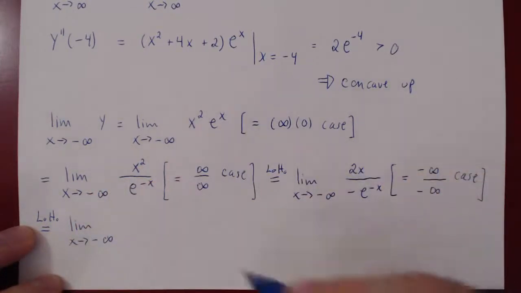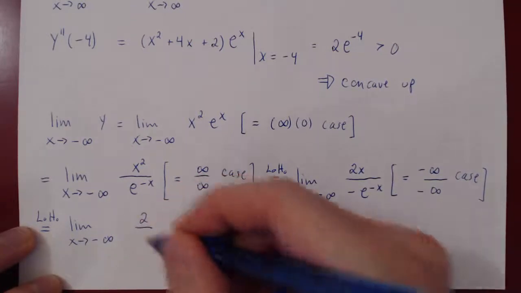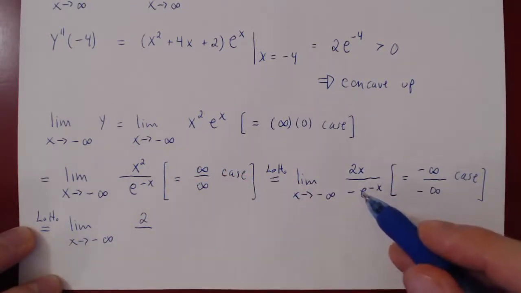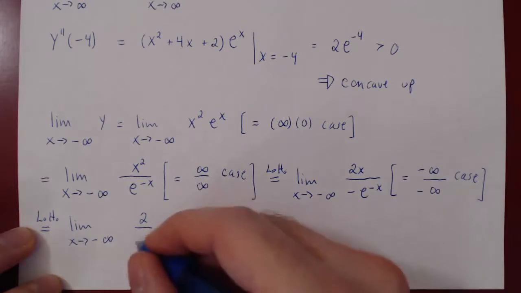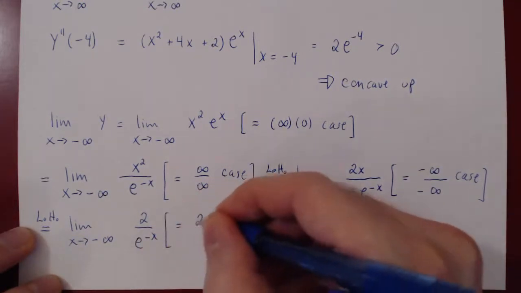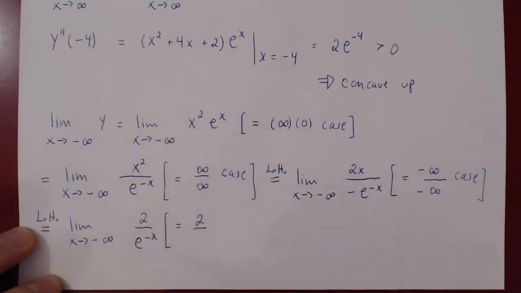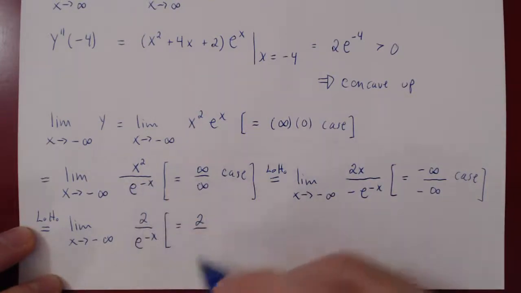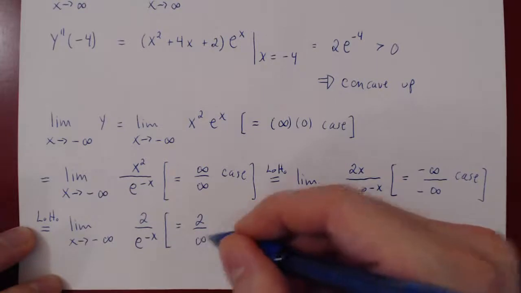The derivative of 2x is 2, over, by the chain rule, you'll get back e to the negative x. Look at our case: 2 is always 2, and as x goes to negative infinity, we know that e to the negative x goes to positive infinity.